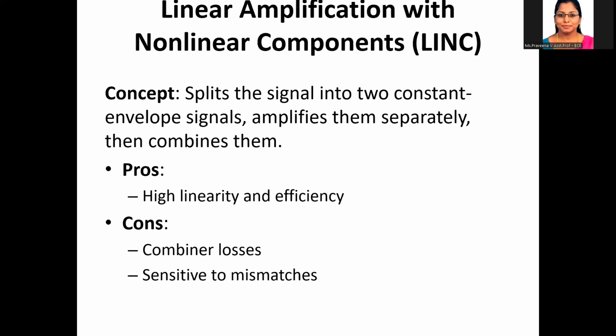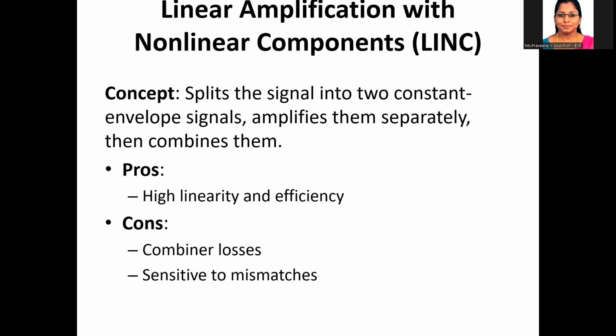And next is linear amplification with non-linear components, that is LINC. LINC is linear amplification using non-linear components. It's a linearization technique used in RF power amplifiers in order to achieve both efficiency and linearity to be very high.